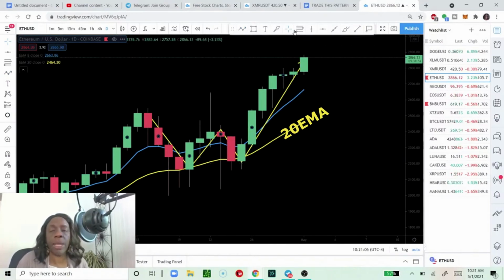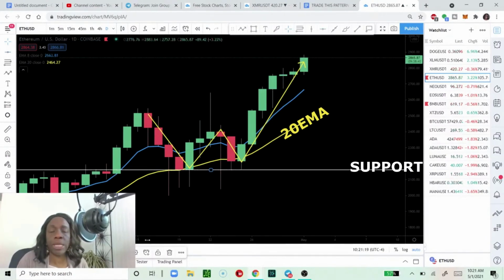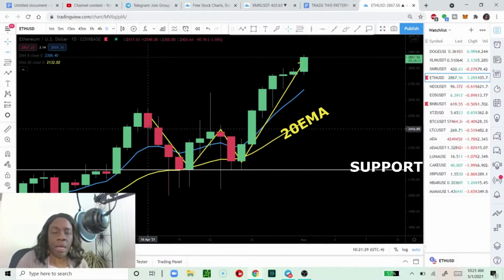So first we have support, where not only did it bounce off the 20 EMA, it also bounced off the support there, the white support. So it bounced off the 20 EMA and the support line. But this neckline, now this is the neckline that it talks about on my document, this part.